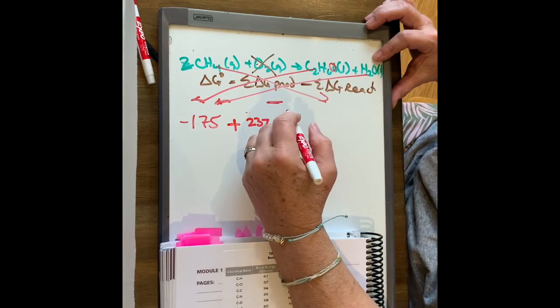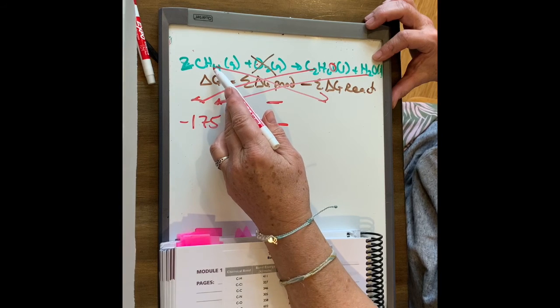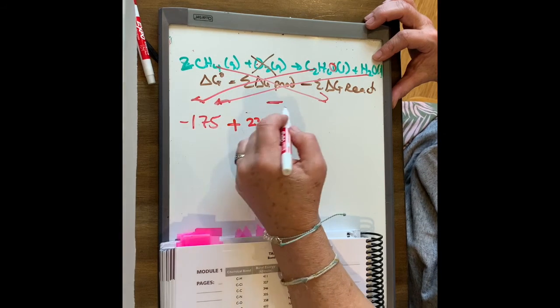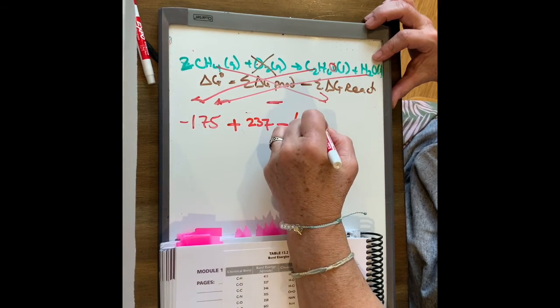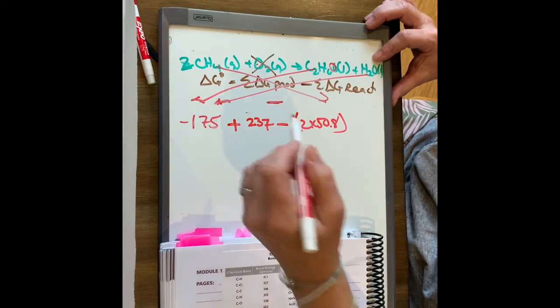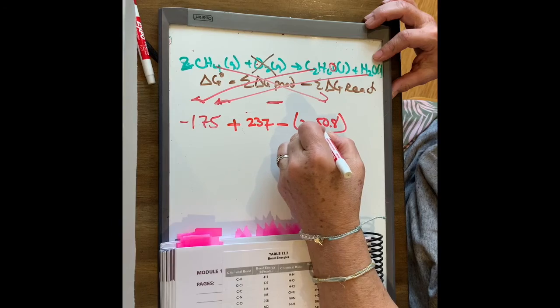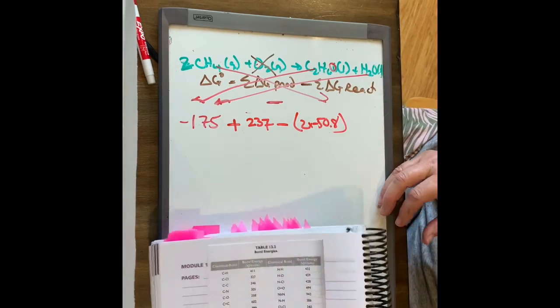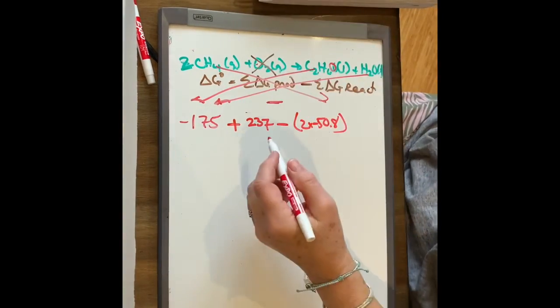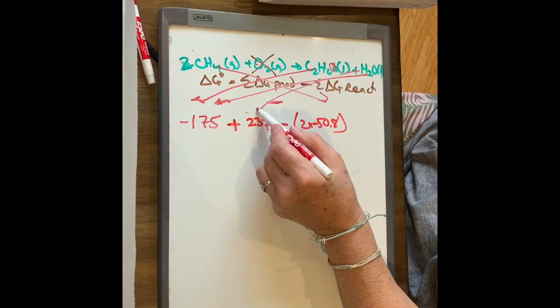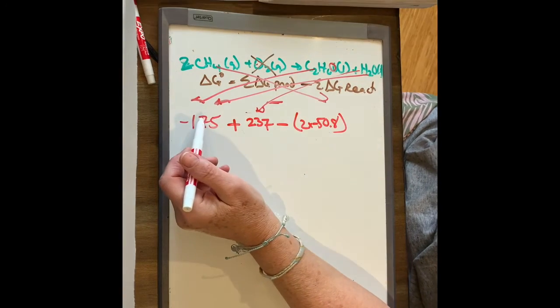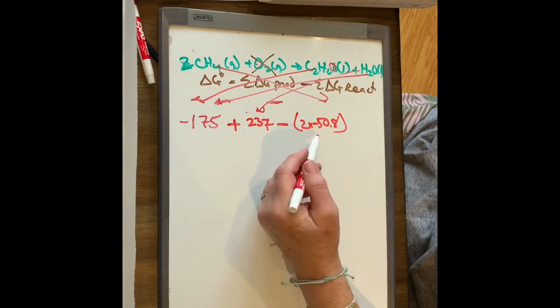Now I do my minus, and that is CH4, which is 2 times negative 50.8. All right, so now we're ready to go ahead and figure this out. And this is our positive.